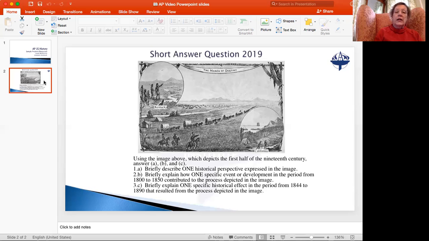You want to put an idea or thought down and then explain how this helped to encourage Western expansion. So, for example, you might use the Mexican-American War. It was fought in 1848.